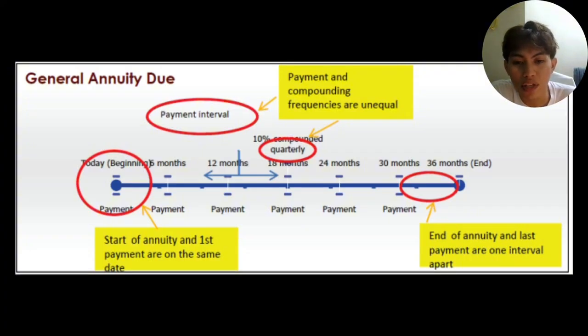You will pay semi-annually, so you will pay after 6 months. But the compound interest is compounding quarterly, meaning that your payment interval and the compounding period are not the same, based on the definition of a general annuity.